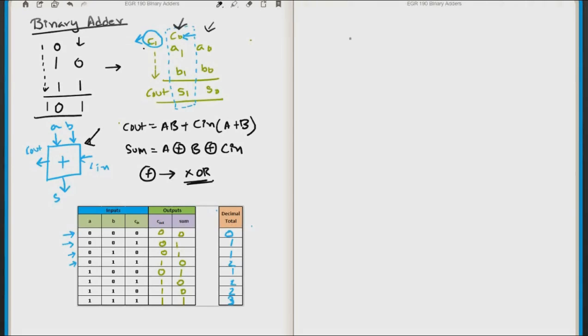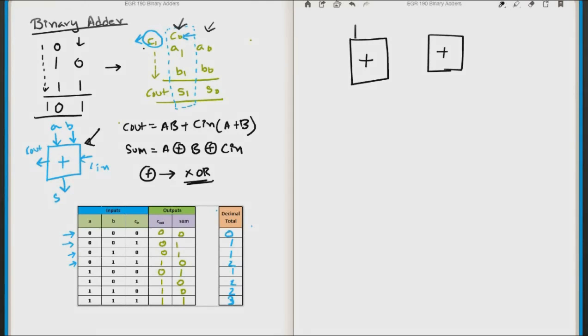All we do is take two 1-bit adders, and I'm just drawing the symbols here. I'm not doing anything else right now. I'm drawing the two symbols for two 1-bit adders.